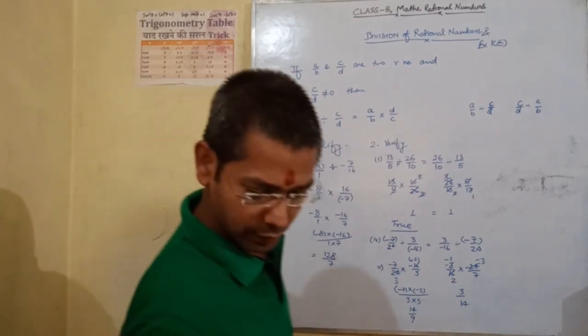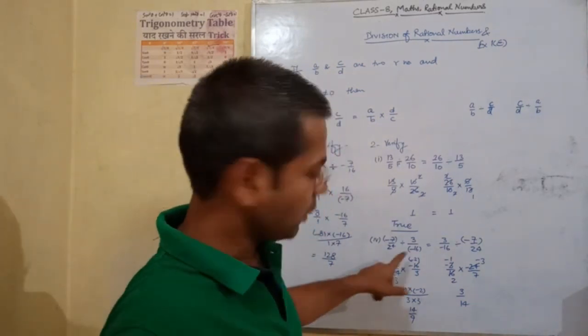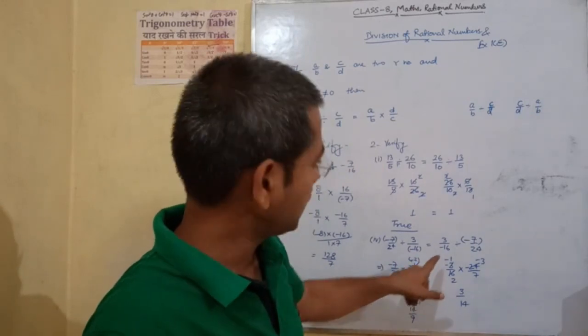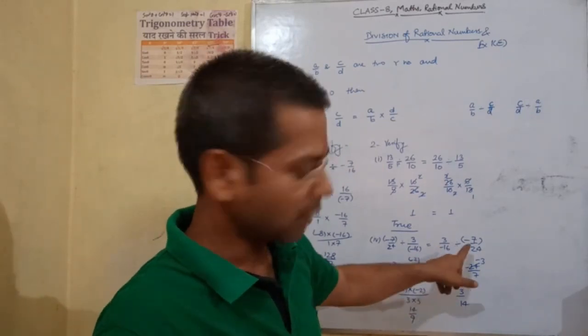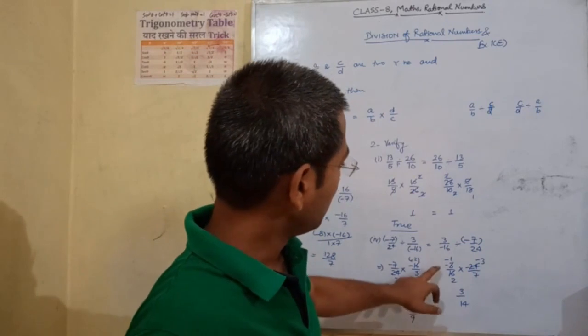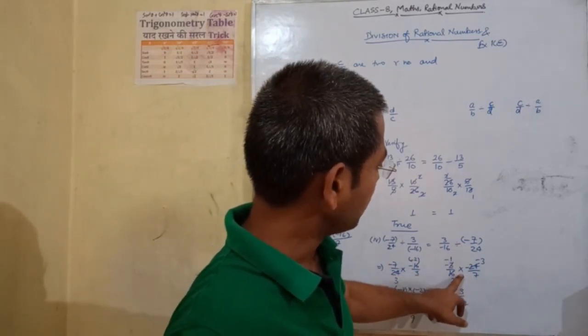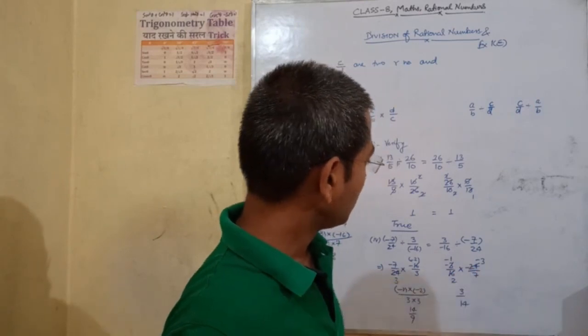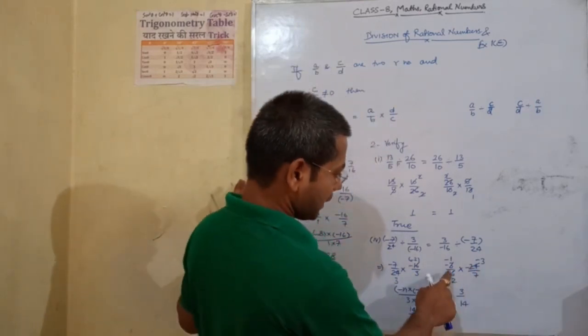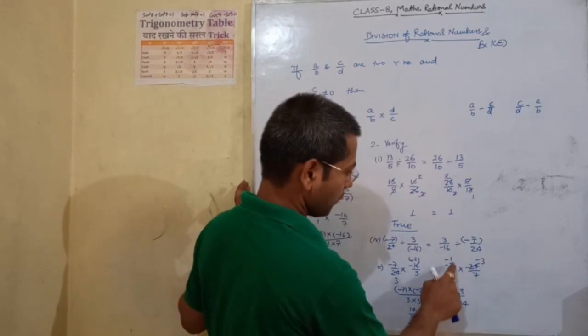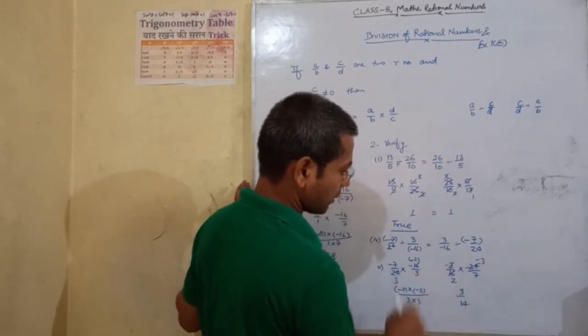Once again, minus 7 upon 24 divided by 3 upon minus 16, and 3 upon minus 16 divided by minus 7 upon 24. Minus 3 upon 16, the division sign changes to multiplication, and it will be 24 upon 7. Divided by 8, 8 into 2 is 16, 8 into 3 is 24, and it will be minus 3 here.